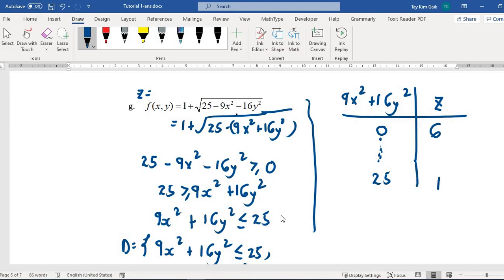So that's why your range is z from 1 up to 6, where z is a member of real numbers. When 9x squared plus 16y squared minimum value is 0, z you get 6. When you have a maximum value 25, z gets 1. So z actually ranges from 1, including 1 and including 6.